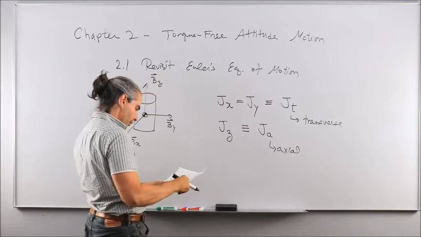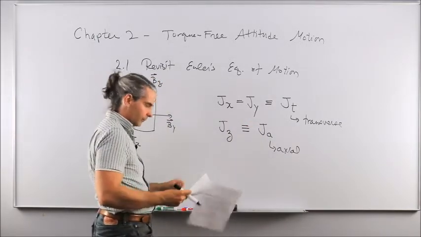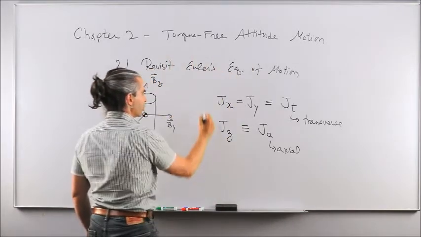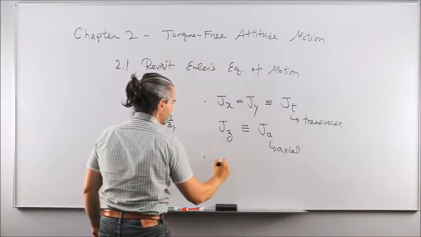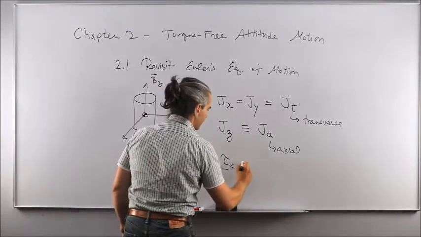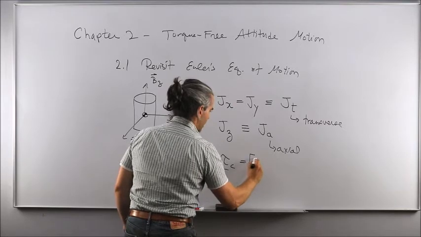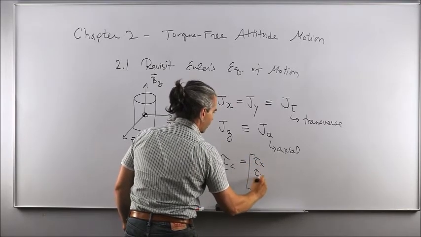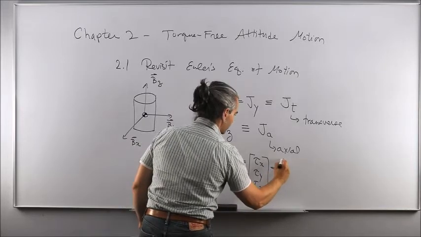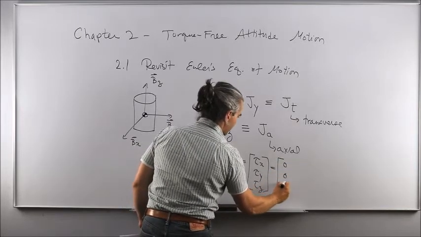And furthermore, we are within the torque-free attitude motion. So the second assumption here is that the net external torque applied to our spacecraft, which was our tau x, tau y, and tau z, are all going to be equal to 0. Okay?